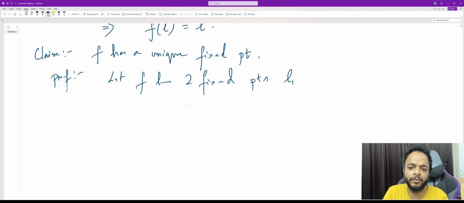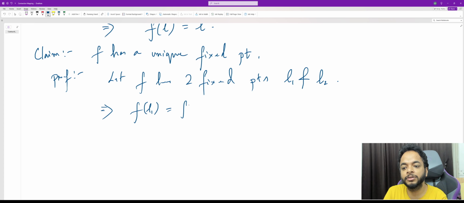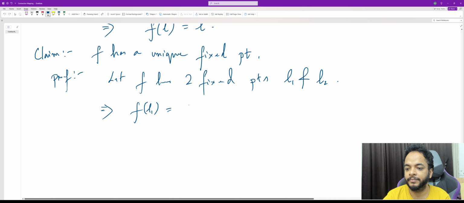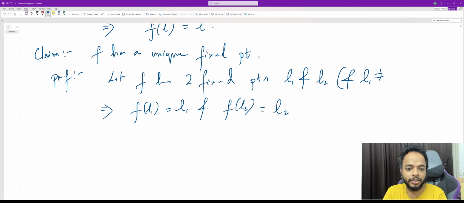That means f of L1 is equal to L1, and f of L2 is equal to L2, because L1 and L2 are fixed points, and we are considering that L1 is not equal to L2.